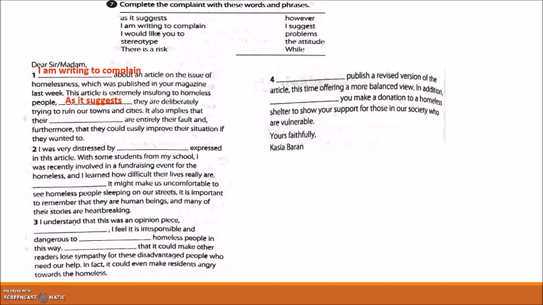It also implies that their problems are entirely their fault, and furthermore, that they could easily improve their situation if they wanted to. I was very distressed by the attitude expressed in this article.